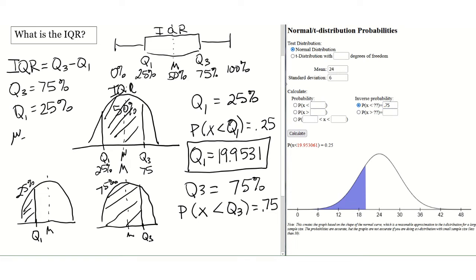So let's write that down. Let's say we're given a mean of 24 and a standard deviation of 6, so that we're staying consistent with all of the problems that we have solved so far. Let's go ahead and hit the calculate button, and that is going to give me my value of 28.0469. So this is my Q3.